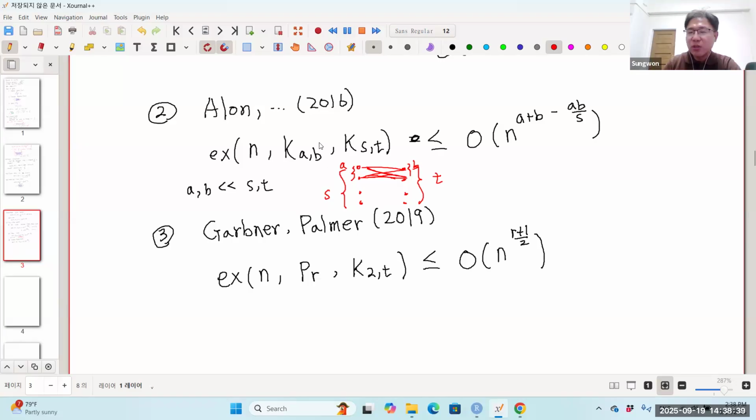So you still have a K_A,B, even if K_S,T is forbidden. Does it make sense? Yeah. If A and B are greater than S and T, then there's no extremal number. But if K_A,B is smaller than S,T, then there is.